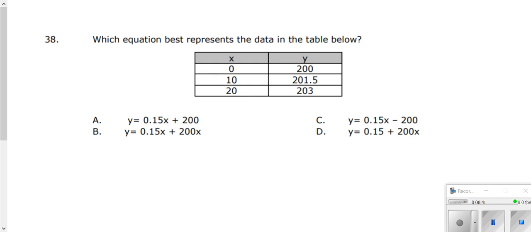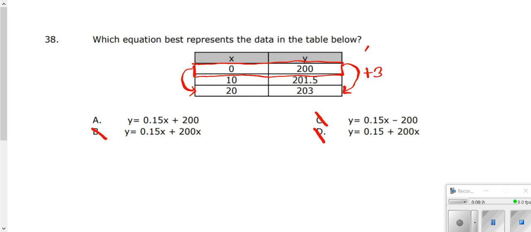Number 38, which equation best represents the data in the table below? So I can see that my y-intercept is 200. Of the equations that show my y-intercept as positive 200, the only one that does is A. But I can go ahead and find my slope anyway. I like to pick easy numbers if I can. So I'm going to skip from 200 to 203.